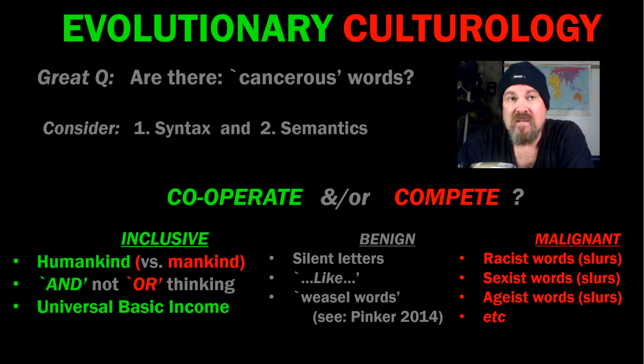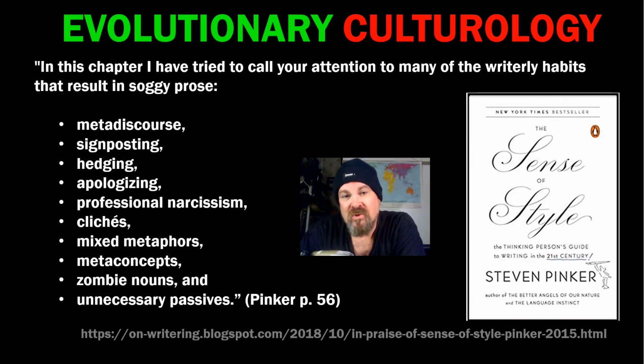A few examples, about 10 actually, come up in Steven Pinker's great book, The Sense of Style. So there's about 10 things from The Sense of Style that cause soggy prose, as Steven Pinker calls it.